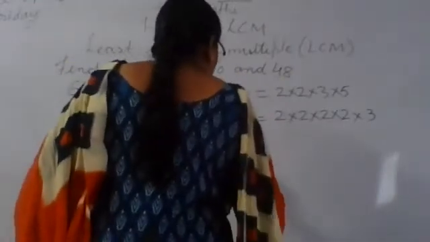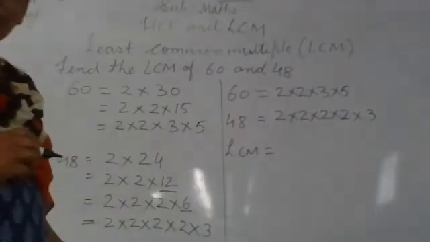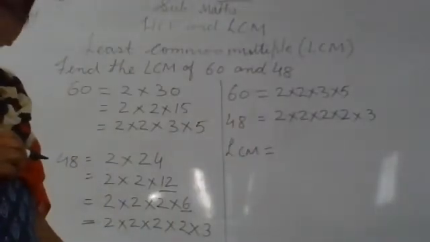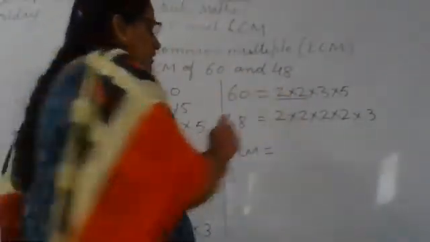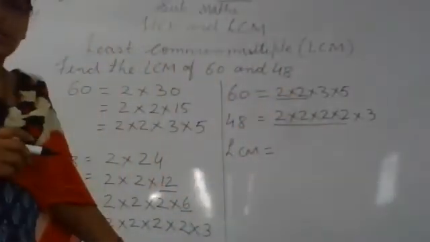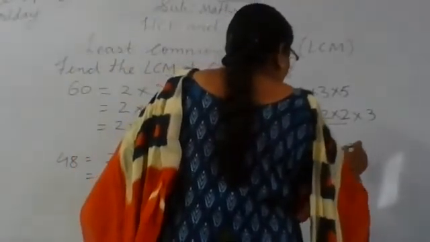Now LCM equals common factors multiplied by uncommon factors. Here 2 occurs 2 times and there 2 occurs 4 times, so the maximum is 4; write 2 four times. Then 3 occurs only once.